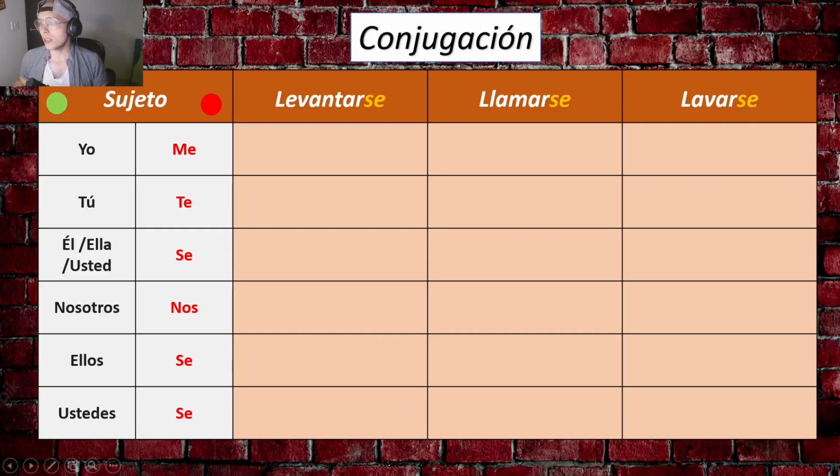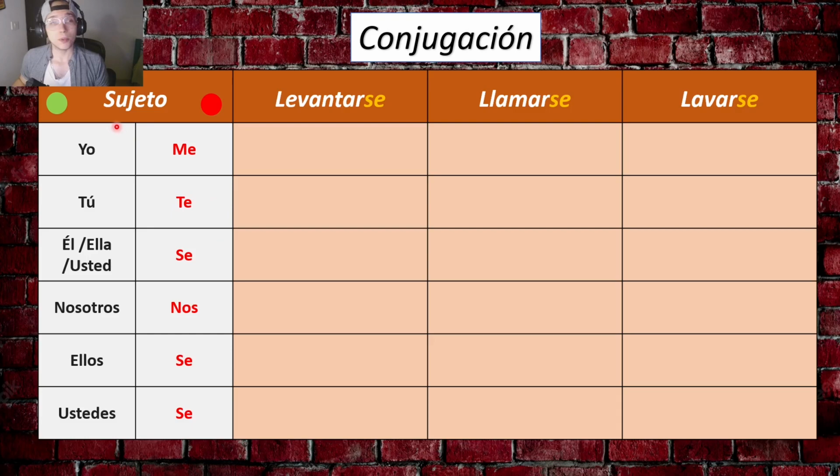Now, if we look at it, it will be very similar to the verbs gustar and the other verbs, with the only difference in the third person. So in the third person, now we say, instead of le, we say se, and instead of les, we say se again. Remember, these are not the same verbs, they just look similar.